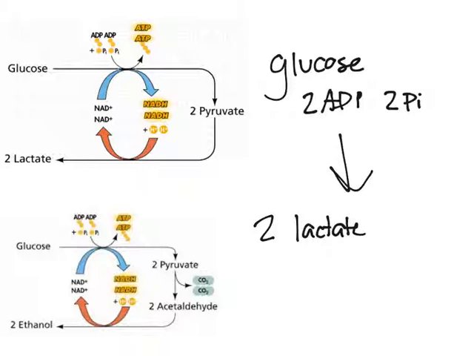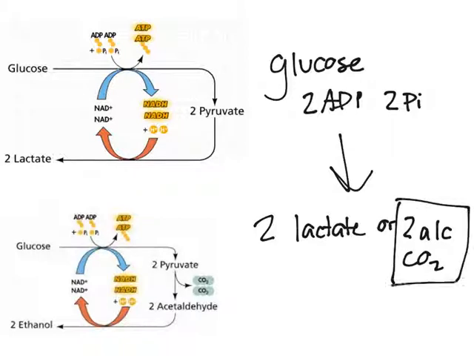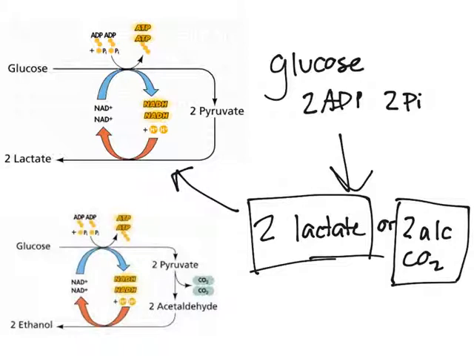which is lactic acid, or 2 alcohol and CO2. So these are different. You either get 2 lactate from that process, or 2 alcohols and 2 CO2s from this process.